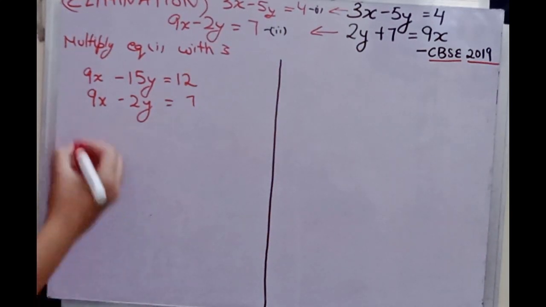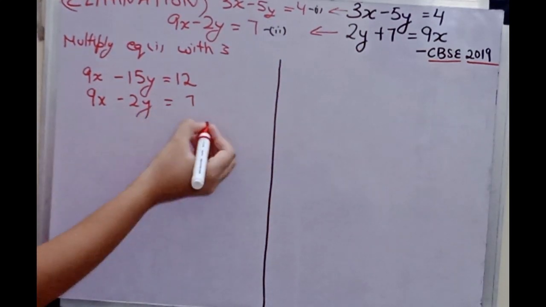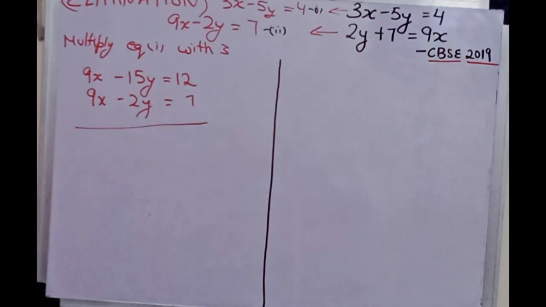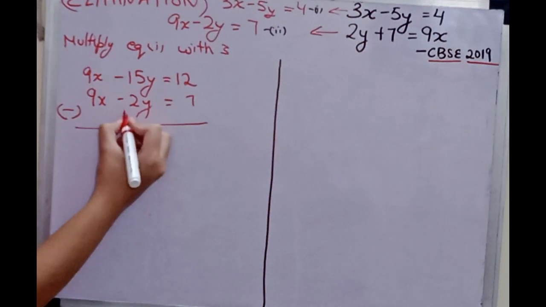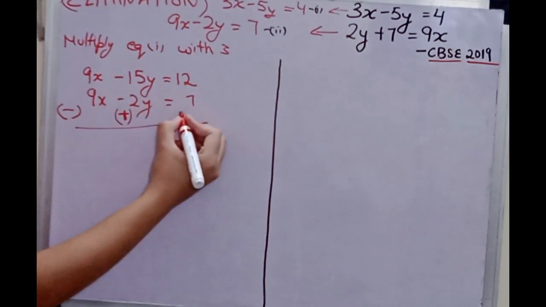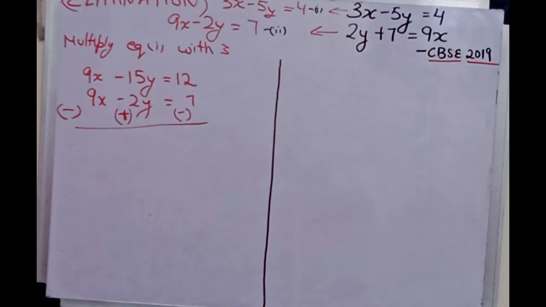This much is clear. Let us now eliminate it. Now I am subtracting, so the sign will change here: it will be plus here and minus here. Okay, this much is clear.